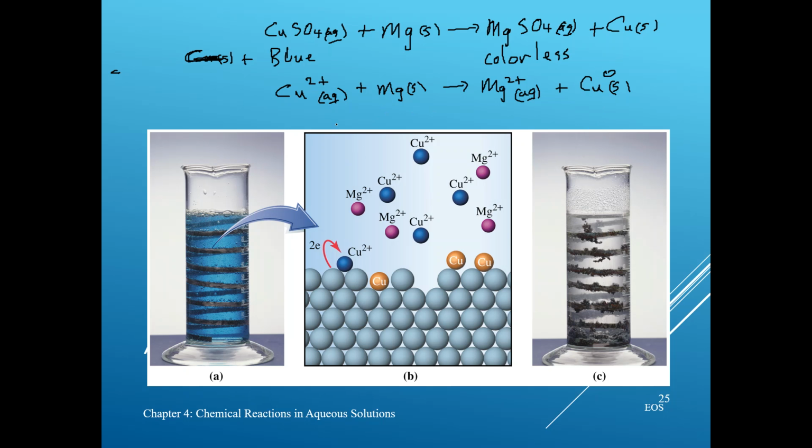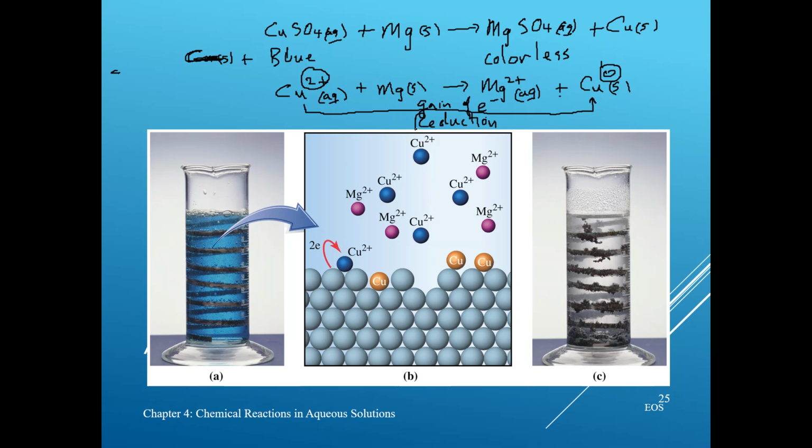As far as the copper 2+ is concerned, going from copper 2+ over to the copper, there is a gain of electrons. And therefore, we say that reduction has taken place, because the copper 2+ oxidation number changes from +2 to 0 over here. All right?